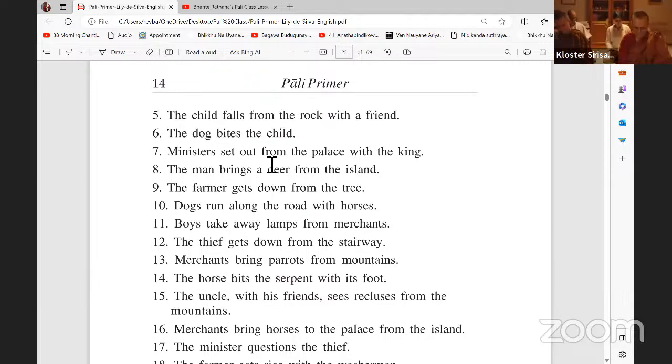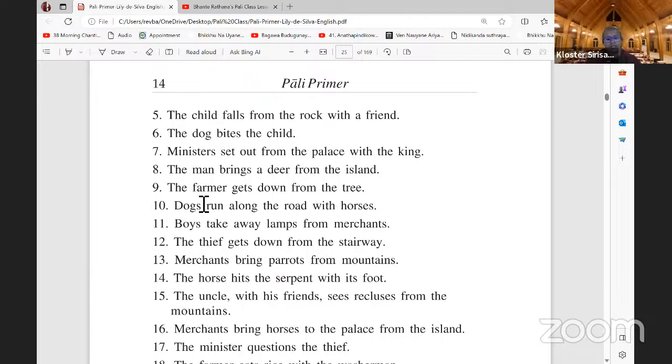Amacha Bhupalena Saddhi Pasadamha Nikamanti. Very good. Number 8. The man brings a deer from the island. Naro dipamha mikang aharati. Very good.